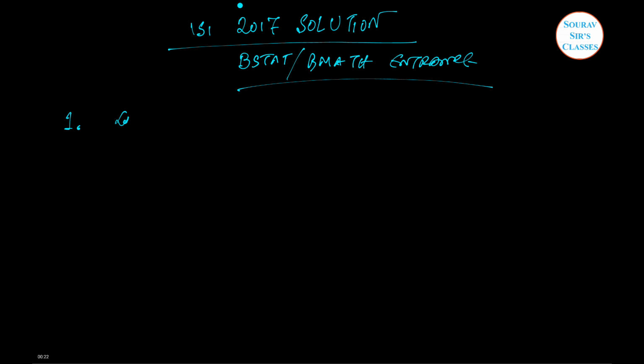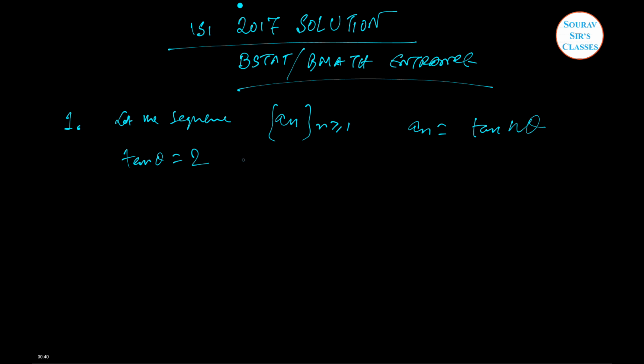Let the sequence a_n, where n is greater than or equal to 1, be defined by a_n equal to tan n theta. A simple trigonometric function, where tan theta equal to 2 is given.